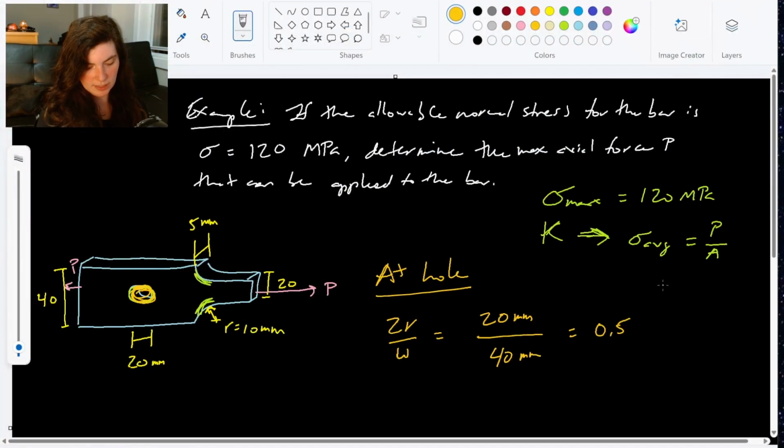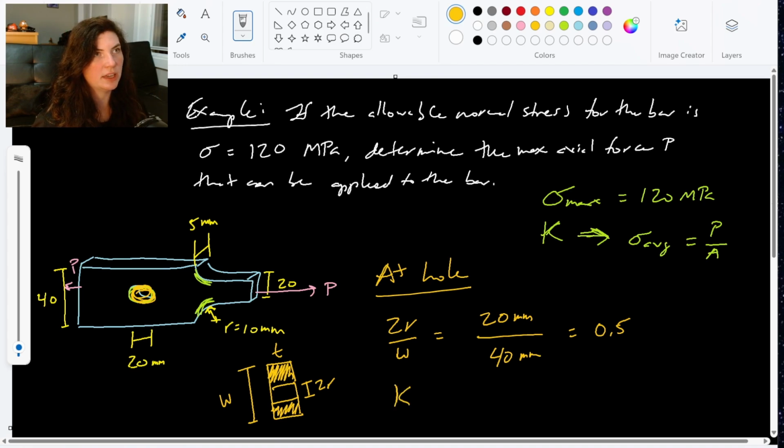So if we were to look at that cross-section, here's our cross-section, has the hole in it. So it's just this portion of the cross-section, W minus that 2R value times the thickness T.